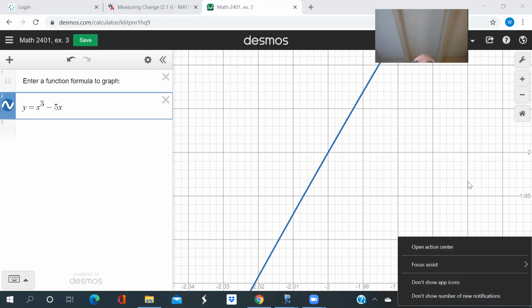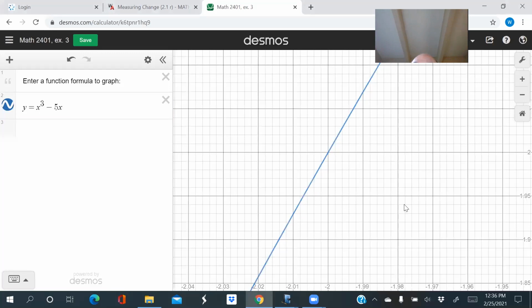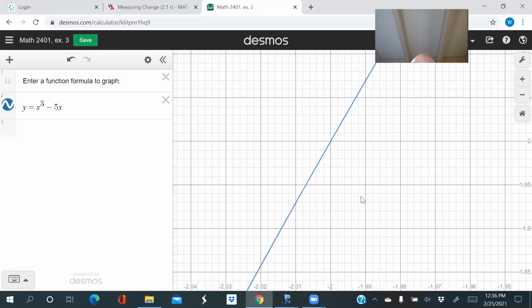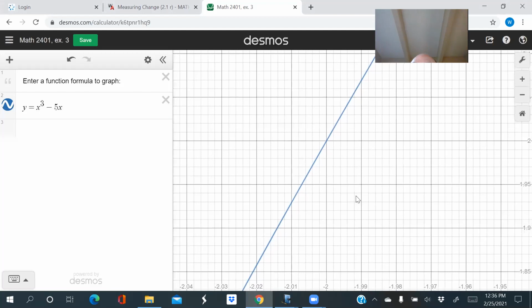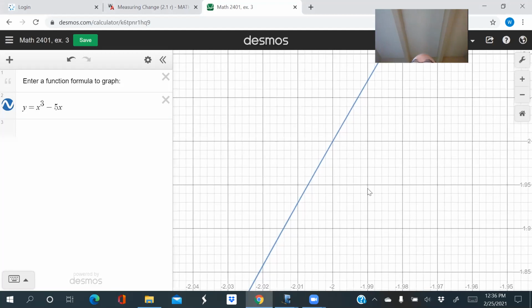And then now let's pick off another point on the curve, and you can really pick any other point that you like. So let's try here at -1.99. So I'm trying to point at -1.99. Let's see if we can get it. There we go. Oh shoot, I lost it.